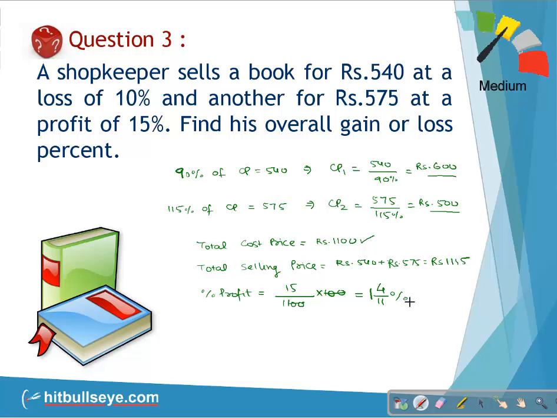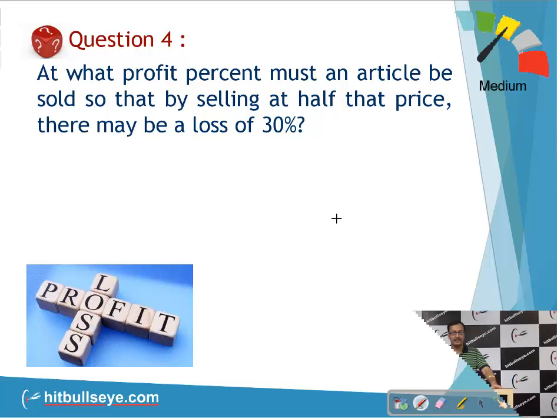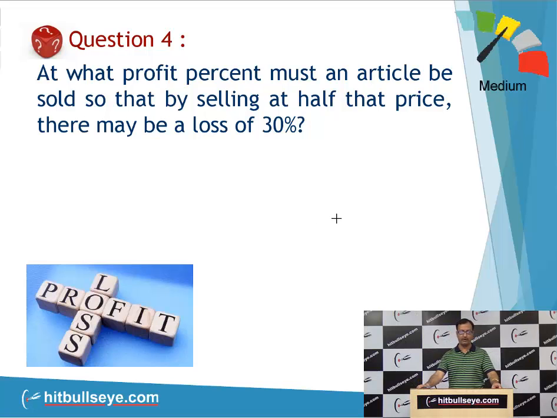So let us move on to question number 4, which says that at what profit percent must an article be sold so that by selling at half that price there may be a loss of 30%. Students, in this question, neither we know the cost price nor we know the selling price. Let us assume the cost price as 100 rupees.